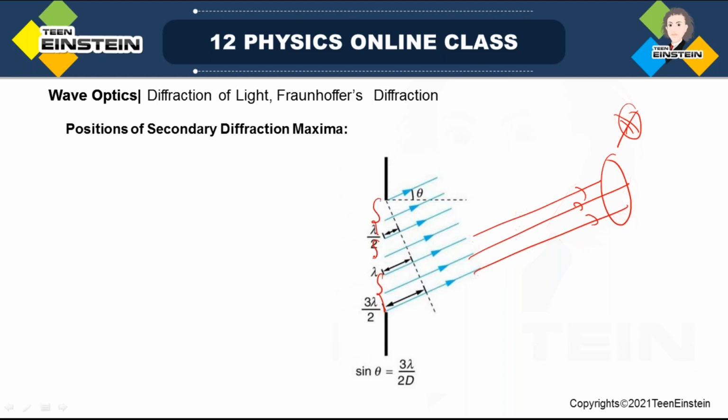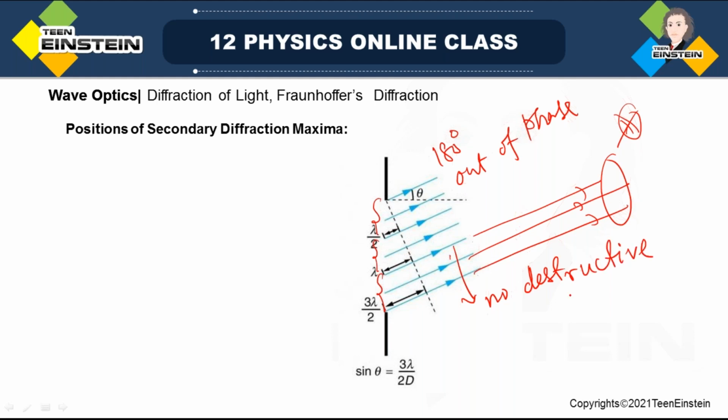So these two portions will send light which will be interfering 180 degrees out of phase. Only this particular portion will have no destructive interference, so this light will give you some brightness.